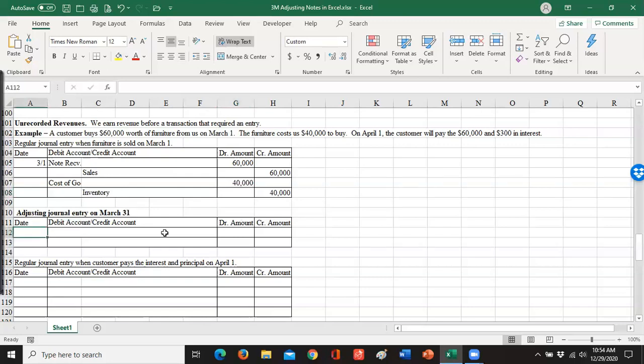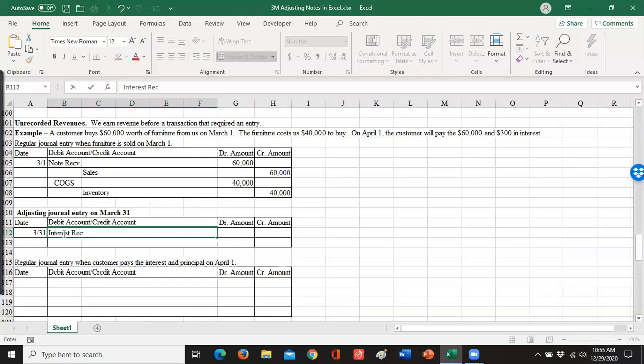So then on March 31st, my sales are great. It's this interest that is an issue. They're going to owe us, and read the problems because they're all a little different. But here I'm just saying on April 1st, they're going to pay us that interest. On March 31st, they owe us the interest, but they haven't paid us yet. So they owe us the interest. It's like an accounts receivable, but we're going to call it interest receivable because we always care about what happens with financing and how that's different from what happens with our regular sales.